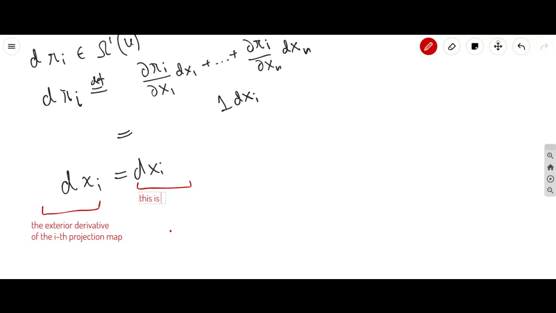And this is the ith differential symbol. If you want to be a little more careful, this is d applied to xi, whereas this has to be taken as a whole thing together. That's just symbolic. But you can see the notation works out correctly, that dxi is dxi. There are two different meanings, but they coincide, and there is no conflict in notation.